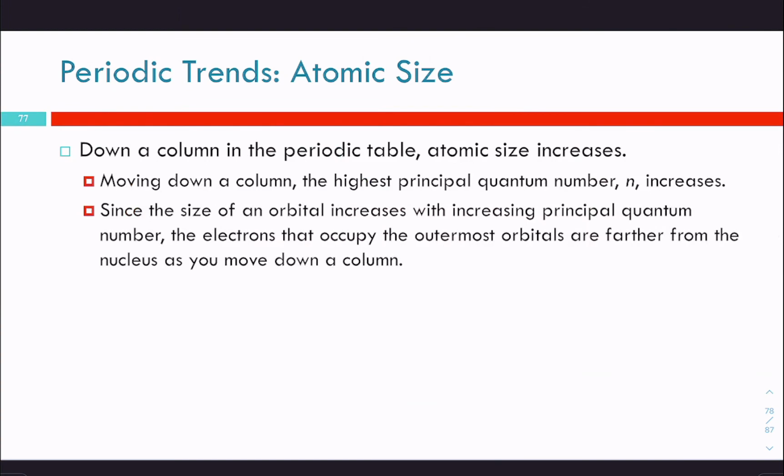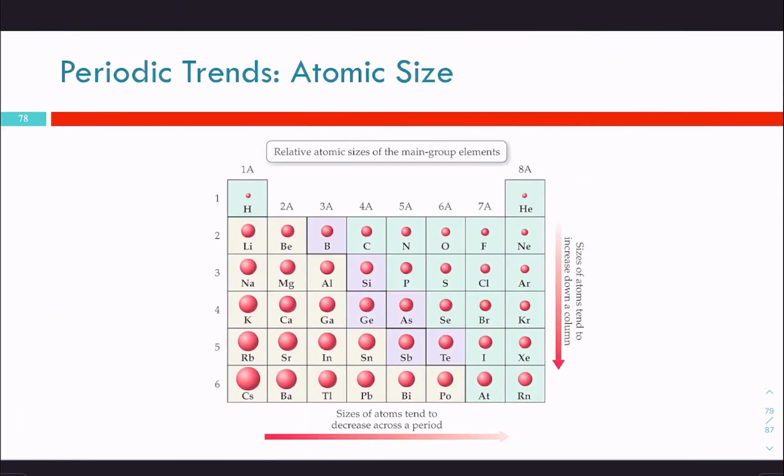If we move down a column, we're adding those shells. So n equals 1 is going to be smaller than n equals 2, smaller than n equals 3, and so on. And that change is bigger than adding more protons. All right, so there's a couple ways that you can remember this.